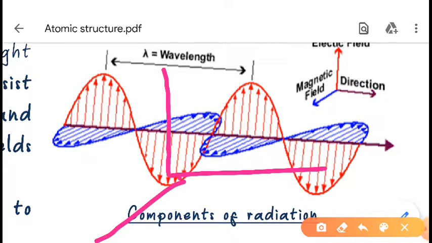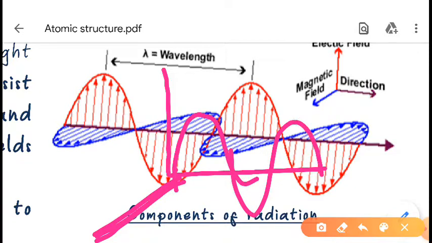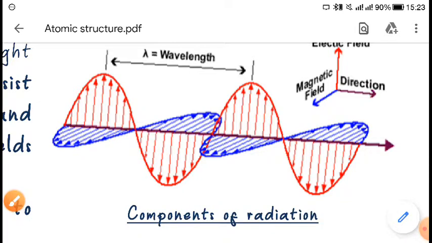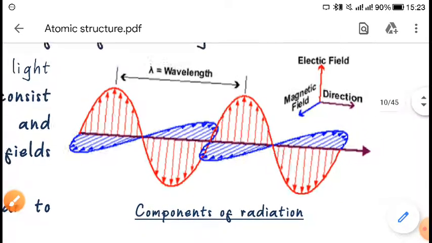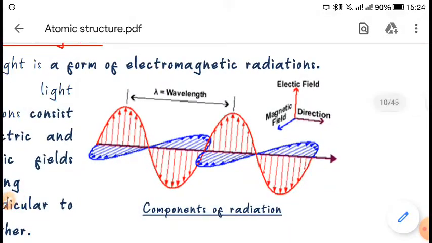So along the y axis, if there is an electric field, then the magnetic field is along the z axis. In this way the electromagnetic radiation propagates.